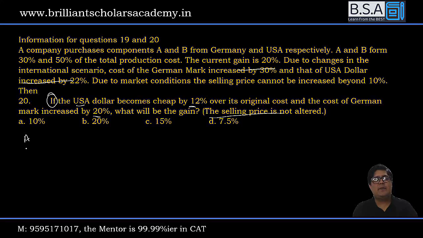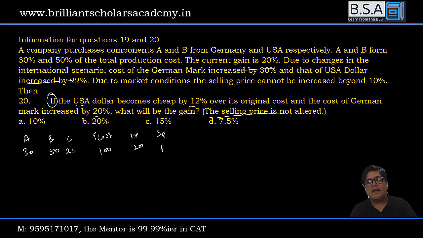What was A? A was 30 rupees. B was 50 rupees. C जो बचा हुआ component है was 20. What was total cost? 100 rupees. Profit 20 rupees. Selling price 120. सब लिख दिया. Now this is German mark and this is American or US dollar.